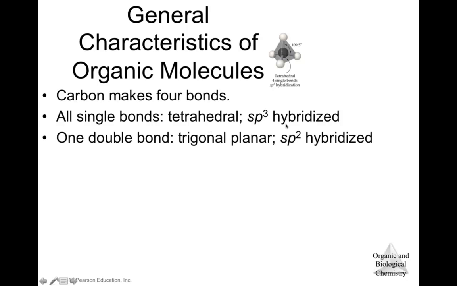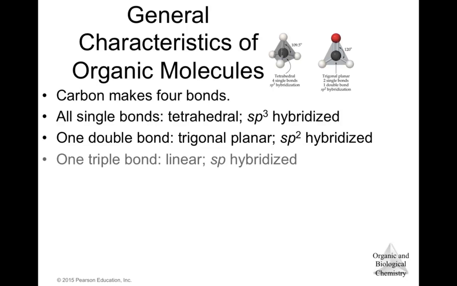When we have one double bond, we know that that part of the molecule is trigonal planar, and the hybridization of that carbon is sp2. In this part of the molecule, which is trigonal planar, we have three bonds: one double bond and two single bonds, and the angles between these bonds are 120 degrees.